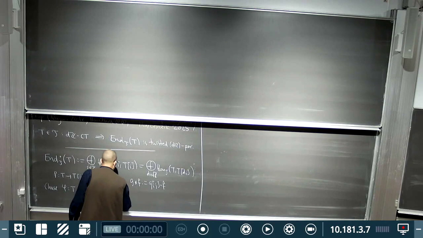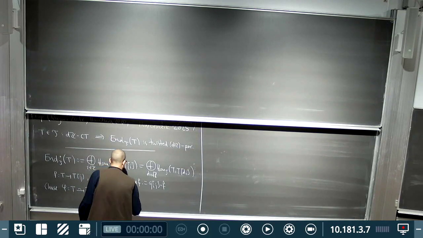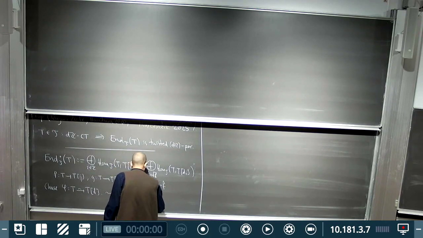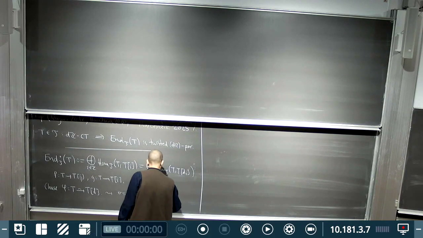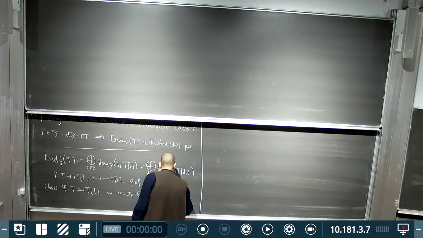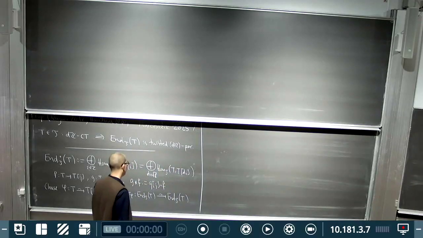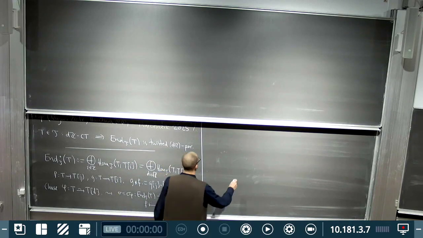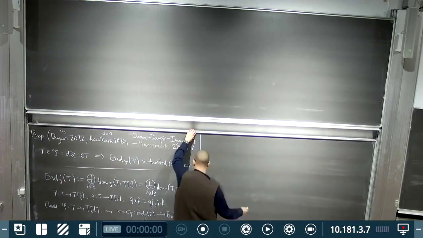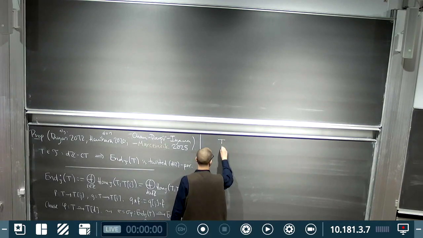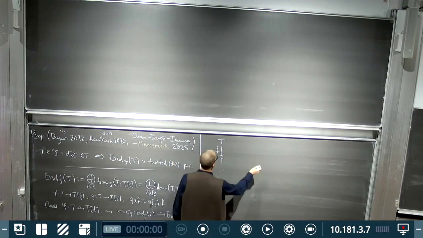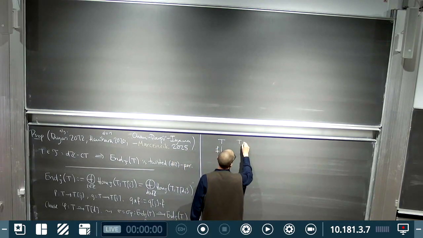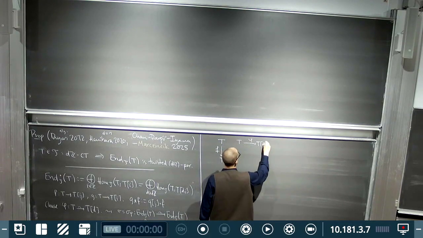And then I can define an algebra automorphism, depending on phi, of the endomorphism algebra, the ordinary ungraded endomorphism algebra of T. And what does it do? So let's see. If I have something from T to T, let's say f, what I can do is use phi to go to T shifted by d.